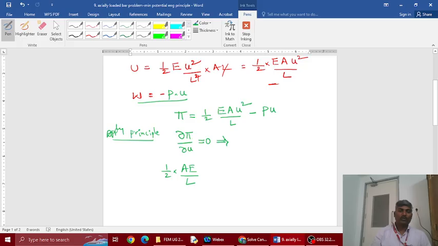So dou U square by dou U is nothing but 2U, minus P, which is a constant, dou by dou U of U is 1, shall be equal to 0. So this 2 cancels the half, and what you have is E A U by L minus P is equal to 0.